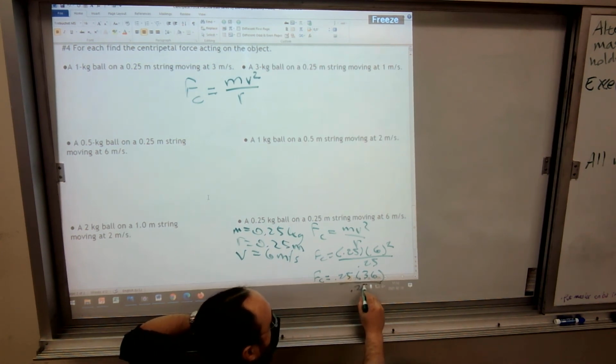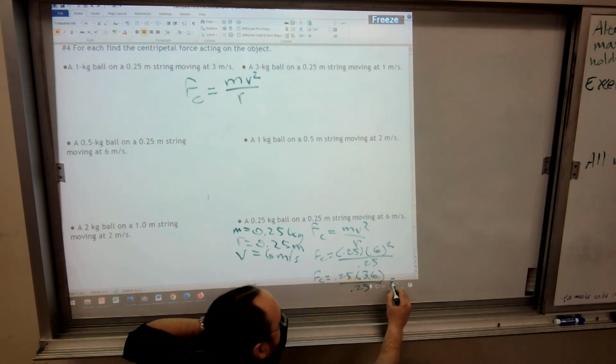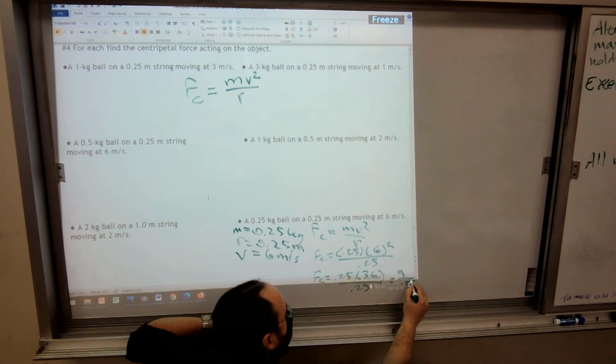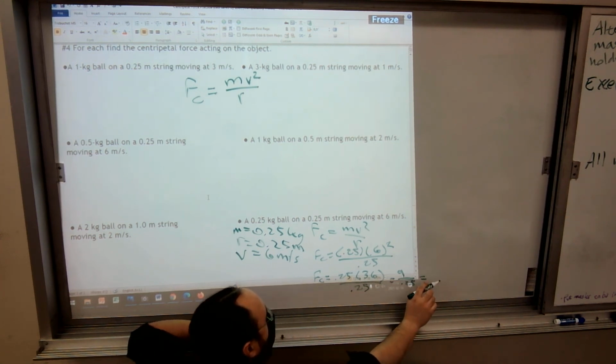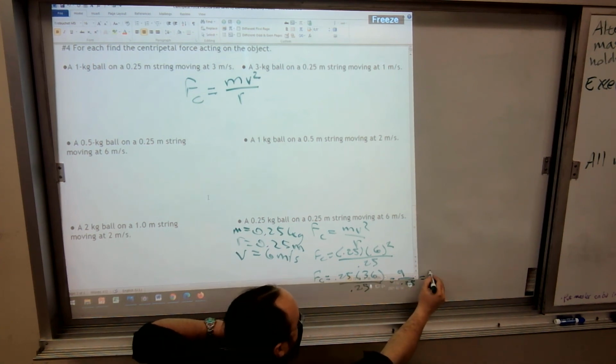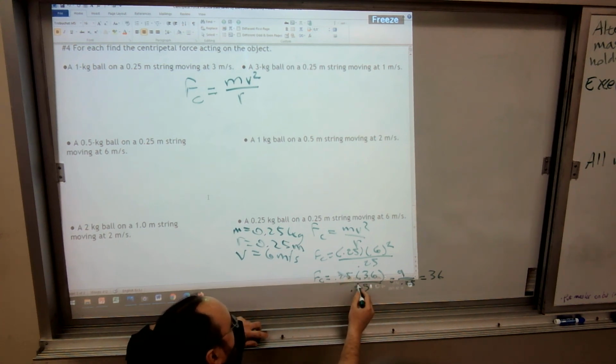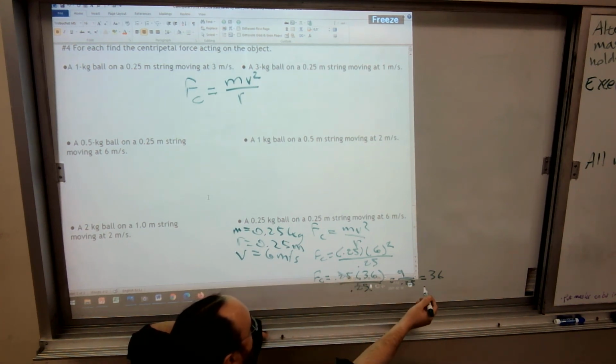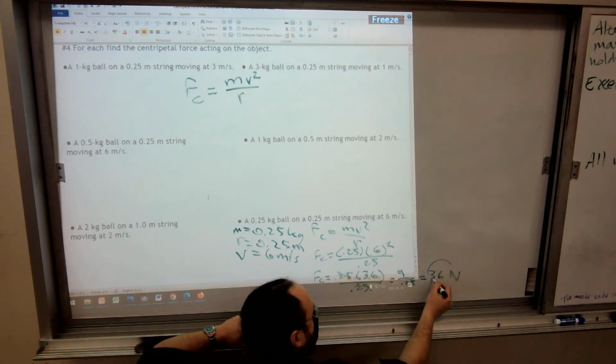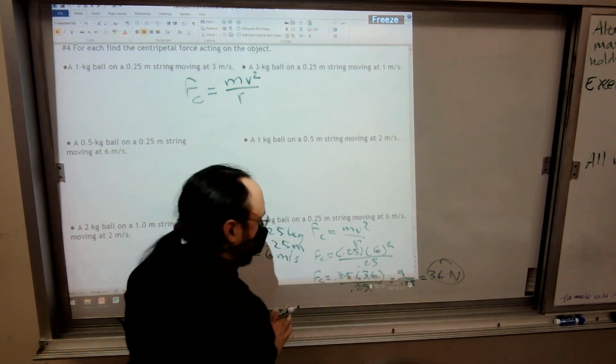And then I just got to do 9 divided by 0.25, oh, I'm sorry, it's not 9 divided by 4. But 9 divided by 1/4 is the same as 9 times 4, so that's 36 again. And that kind of makes sense. We could have done it where 0.25 cancels with 0.25, and it's just 36. So it's a force, and it's in newtons. There you go.